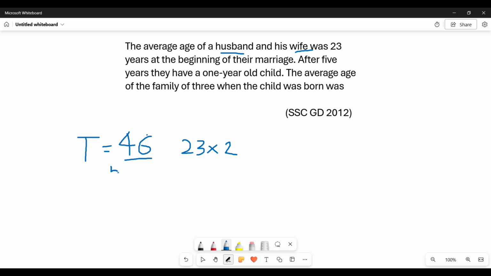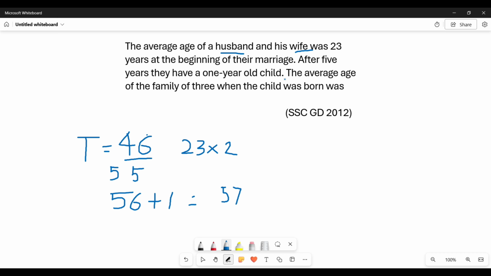For the husband, 5 years will be added. For the wife, another 5 years would be added. So, 46 will become 56. Plus, they have a 1-year old child. So, adding the child's age, 56 plus 1, 57.